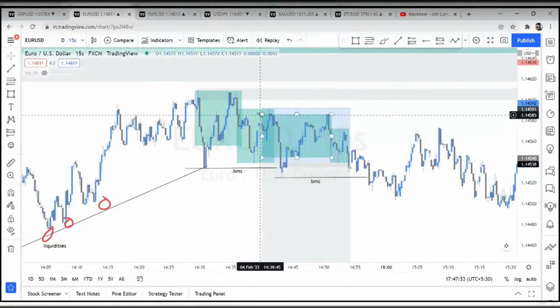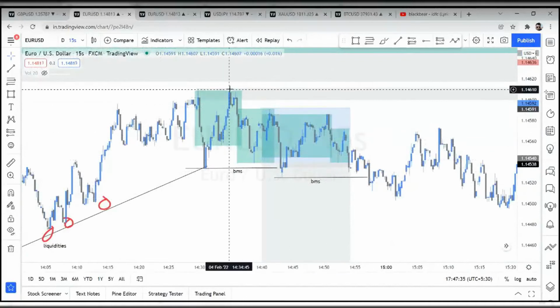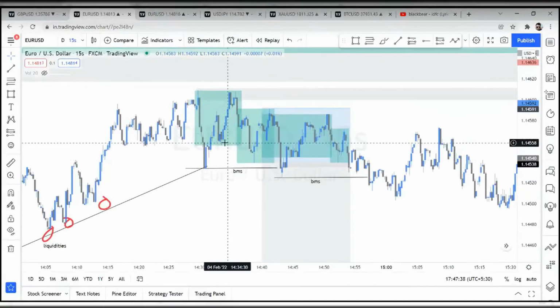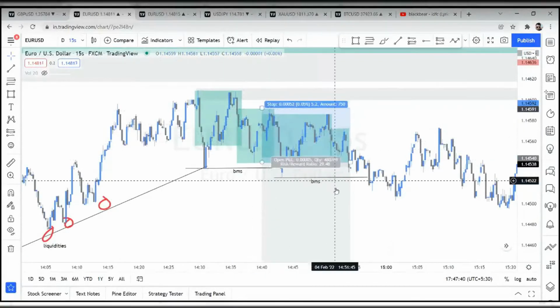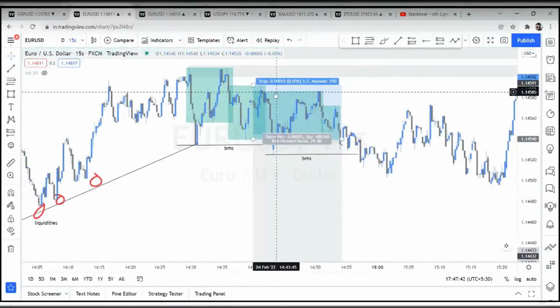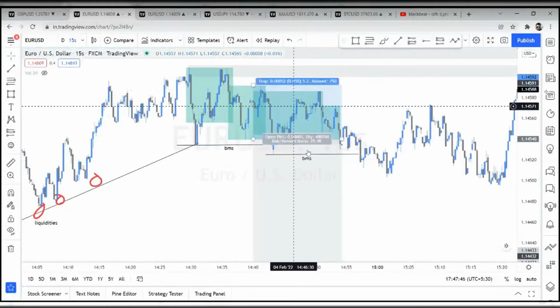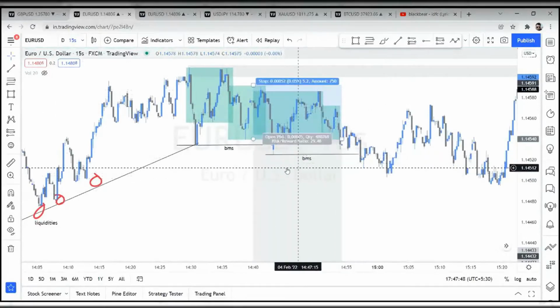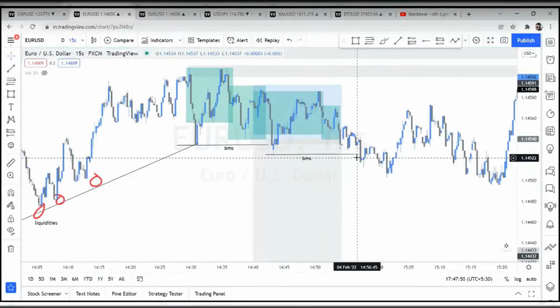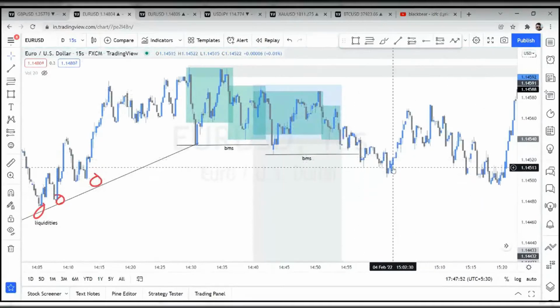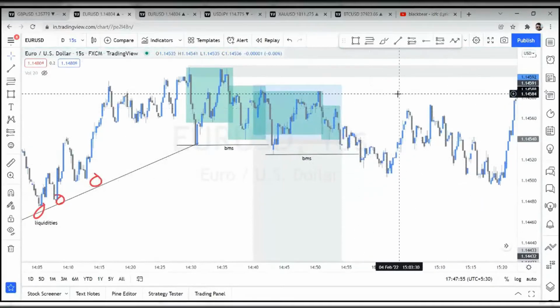So you could have involved on this, you could have involved on, we had a break of structure here also. So that's how I involved myself in the early sales here. That's why I was able to make a BE. If you would have involved here, then it was very possible that you could have gotten out at stop loss.